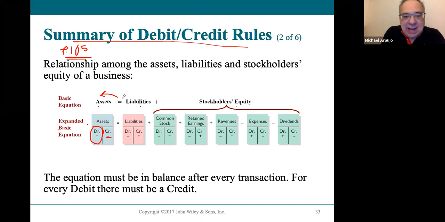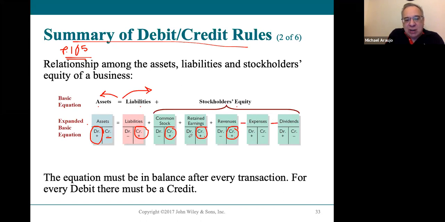Liabilities and stockholders' equity accounts are on the right side of the equation. So as you know, they increase on the right side of their accounts. Revenue is where the profits are. So revenues increase retained earnings, so that also increases on the credit side. However, as you know, we take away expenses, we take away dividends.